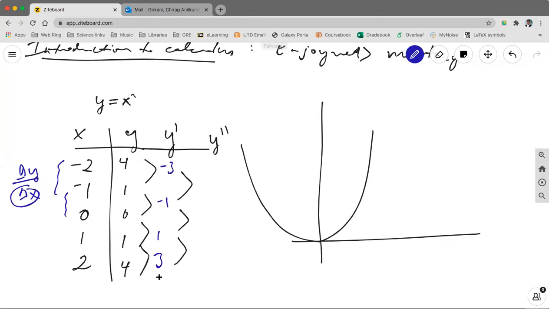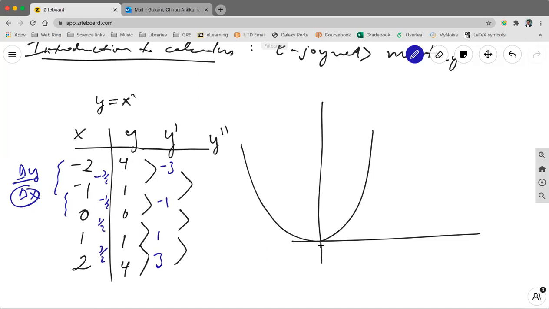So people understand that what I just computed is the slope between each of these points, right? If you wanted to plot this, what I'm calling y prime, I would have to use intermediate x values, and those would be -3/2, -1/2, 1/2, and 3/2.